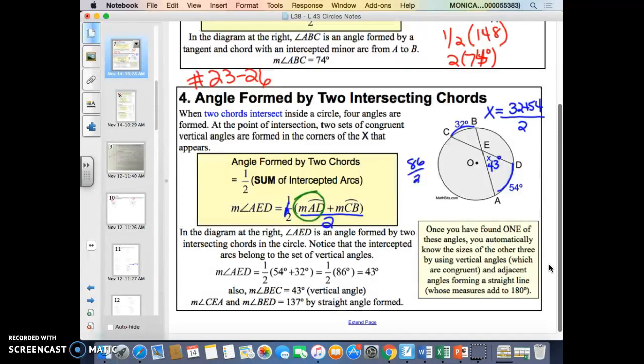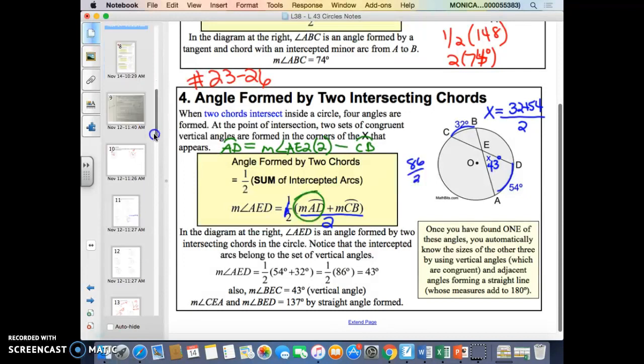So if you wanted to find AD, right, what you could do is take the measure of the angle times 2 and then subtract the other arc. So I'll show you what that looks like when we're looking at it in the problem. All right, so now we're going to look at number 23.